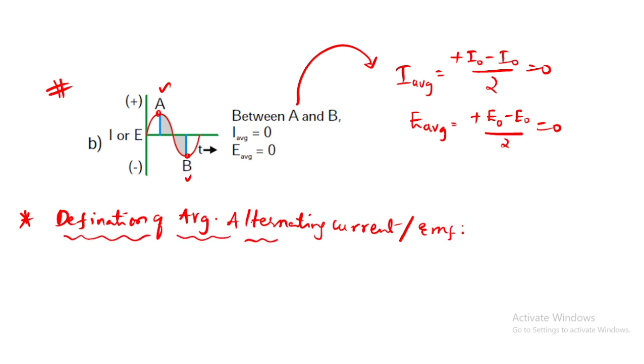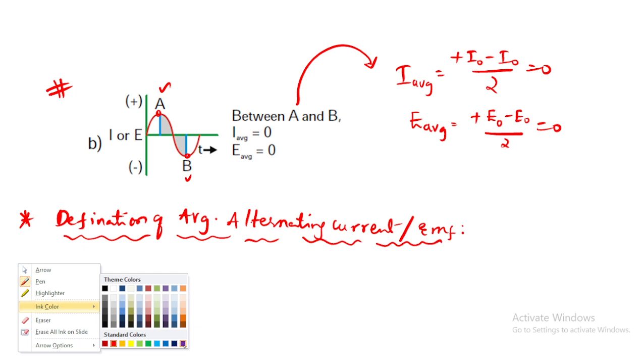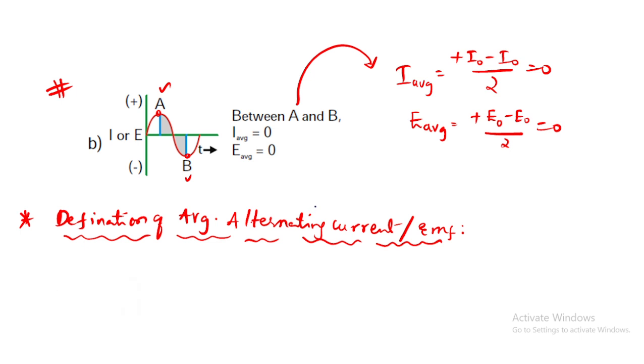Current or EMF. Average will be followed for a direct current. Average will not follow for the AC current.